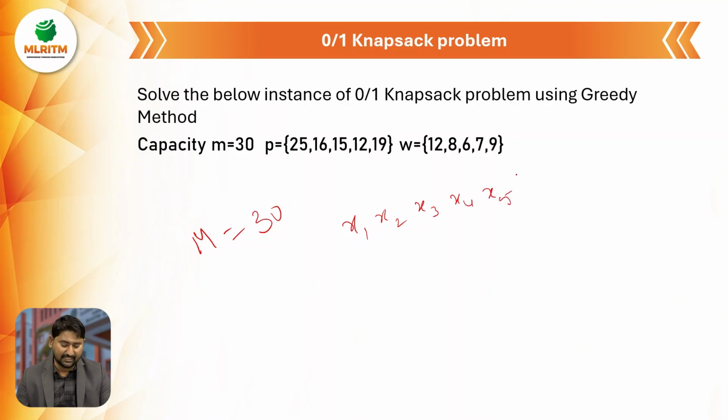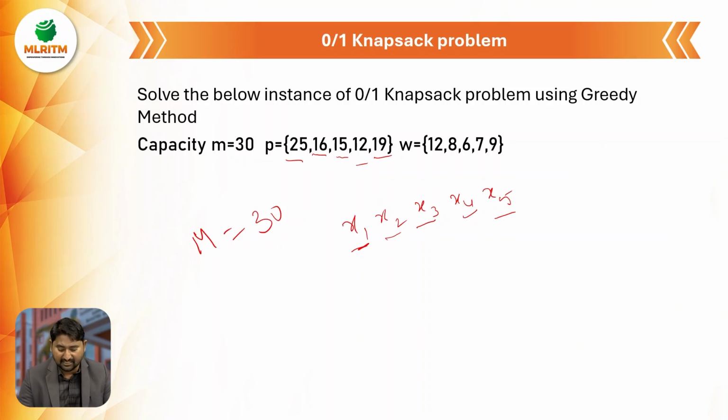Each item has some profit: x1 has profit 25, x2 has profit 16, x3 has profit 15, x4 has profit 12, and the last one, x5, has profit 19.